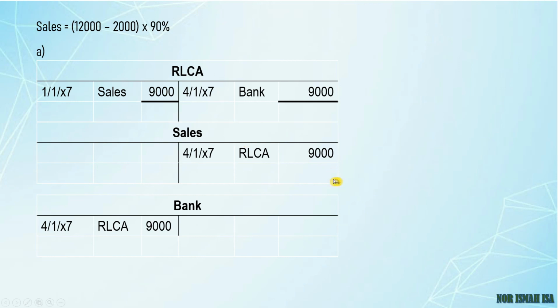So still now it is 9,000 credit. And same goes to receivable ledger control account. We have the debit side 9,000. When the payment is made within the credit term, the amount is the same. So this account, receivable ledger control account, is settled.